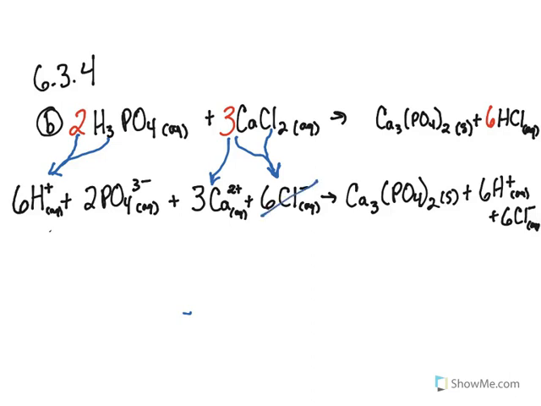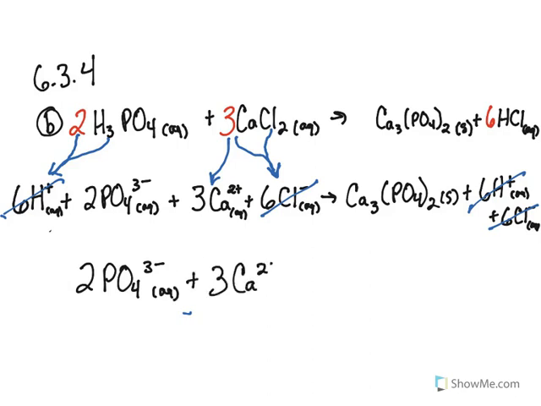I'm going to cancel out the 6Cl minuses and the 6H pluses, and again, making sure that I cancel out the same amount on both sides. That ensures that my equation is correctly balanced. And so for the net ionic, I'm going to have 2 PO4 minus plus 3 Ca2 plus gives me Ca3PO4.